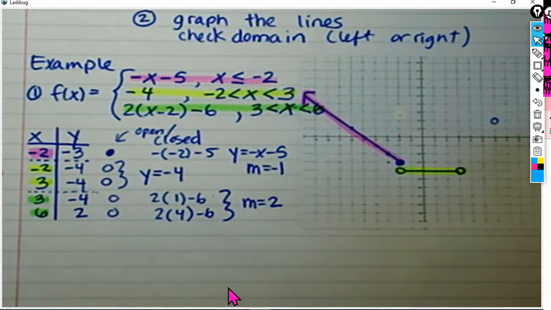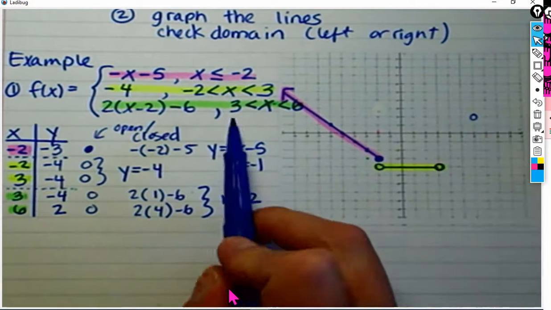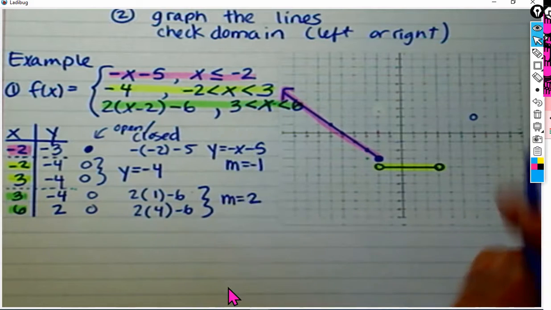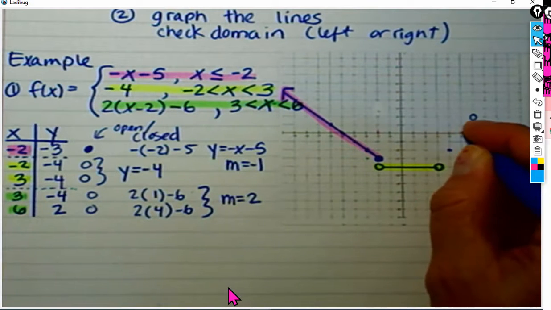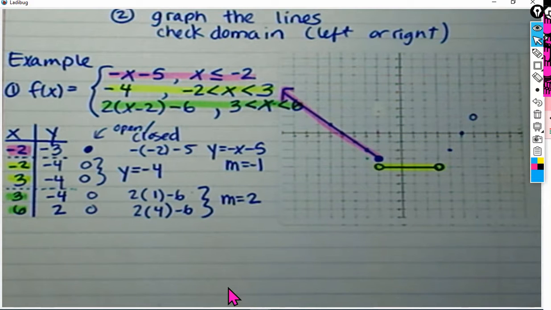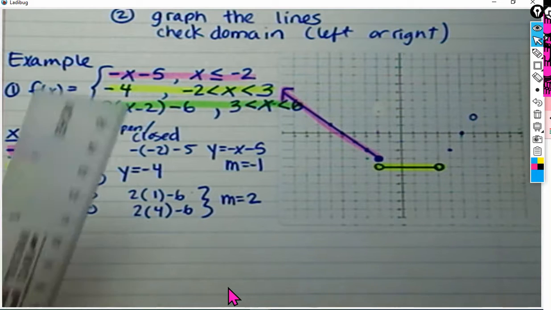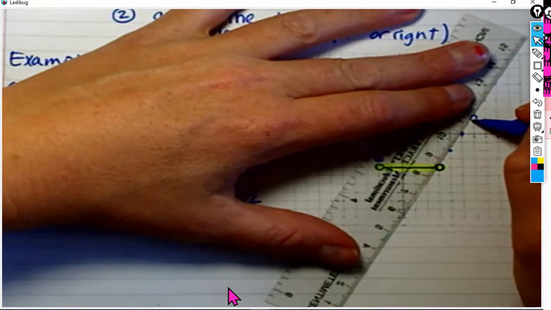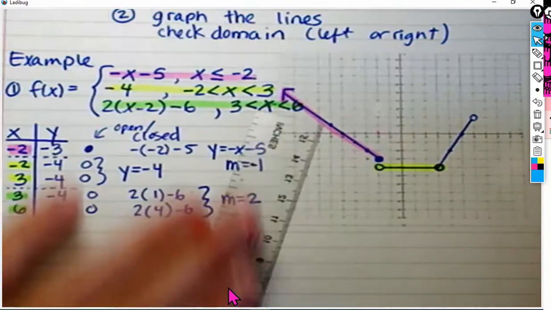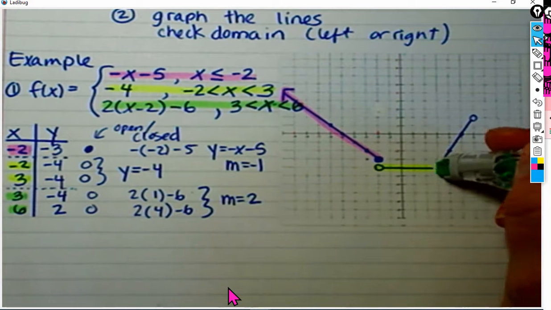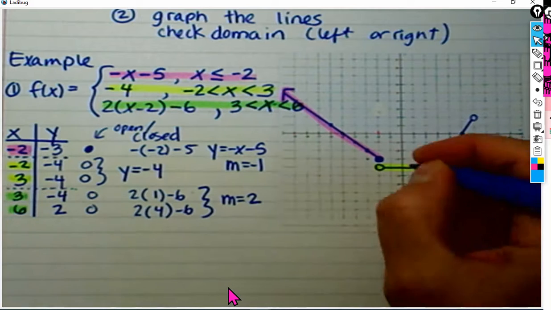You could count your slope from the point between 3 and 6, so to the right of 3 and the left of 6. And notice that the slope actually does connect the endpoints here. And connect. Now this is just a line segment, right? Because it's got 2 endpoints. Make sure that stays open.